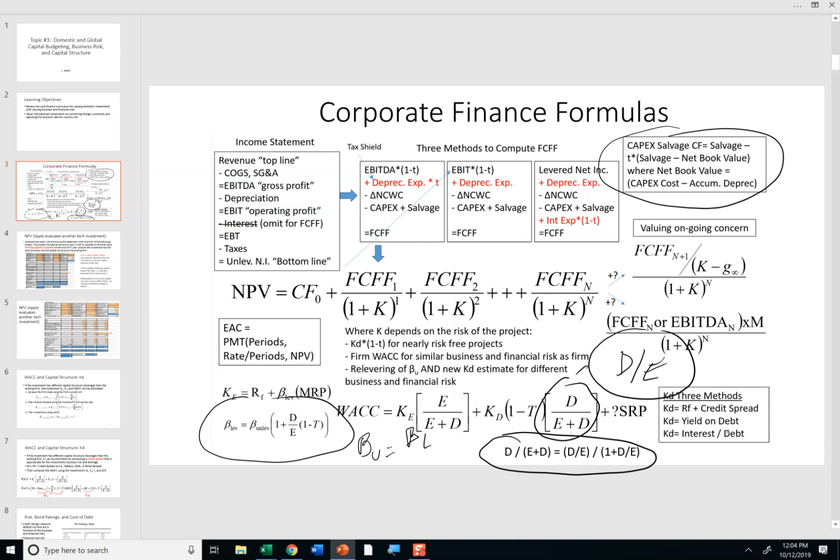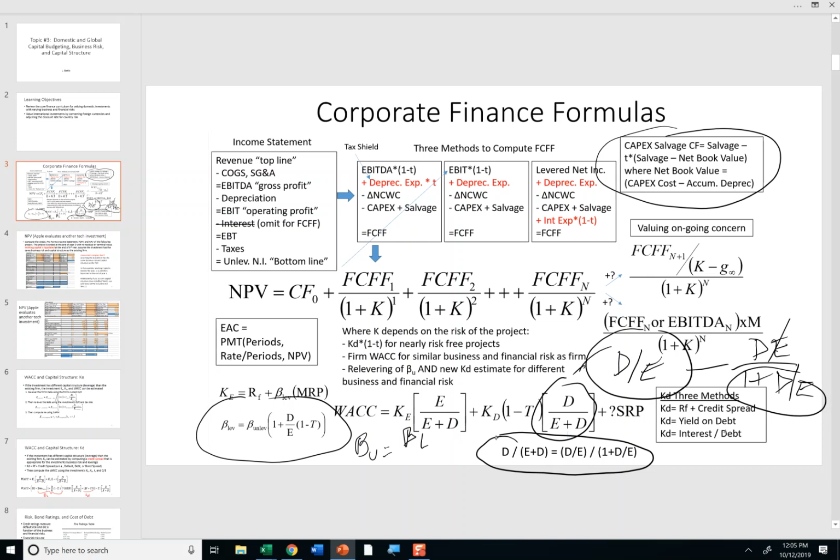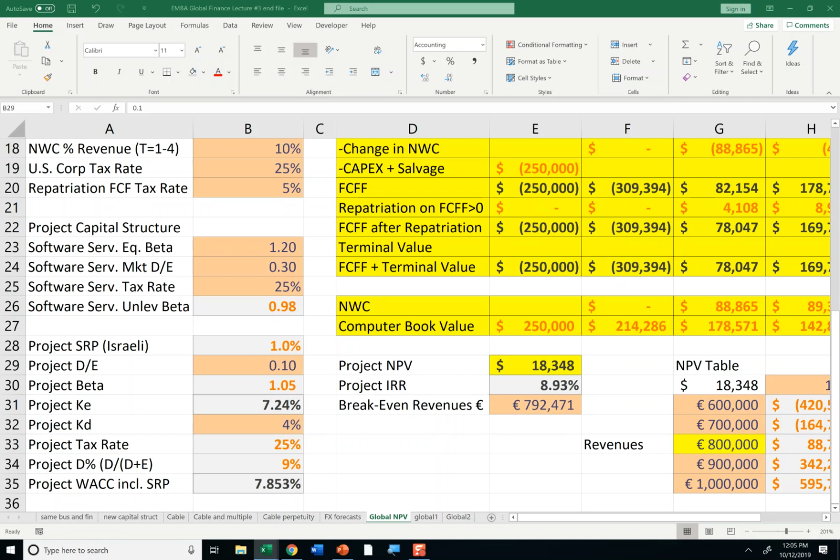D over E is not equal to D over D plus E. However, the D/E ratio over 1 plus the D/E ratio is how I convert D/E to the percentage of debt. That was something we did in the first year lecture. So D over D plus E is equal to the D/E ratio over 1 plus the D/E ratio.